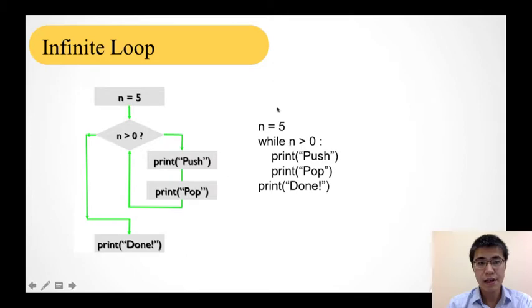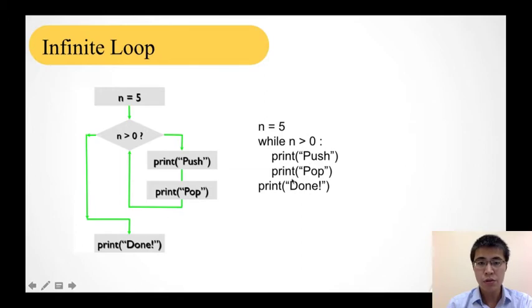Let's see this example. If we define a variable n which is equal to 5, and we set the condition n is larger than 0, okay? This condition is true because n is 5, 5 is larger than 0. We do our task.